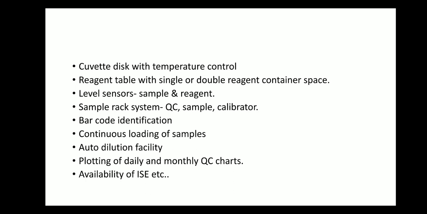Okay, 1:2, 1:5 or 1:10 dilution it will take, and it will correlate with the previously obtained value. Sometimes with dilution we get accurate results. Okay, when there are very low or very high values, the instrument will go for auto dilution. Then the QC chart, quality control chart, daily chart and monthly chart, is also plotted by the instrument itself.